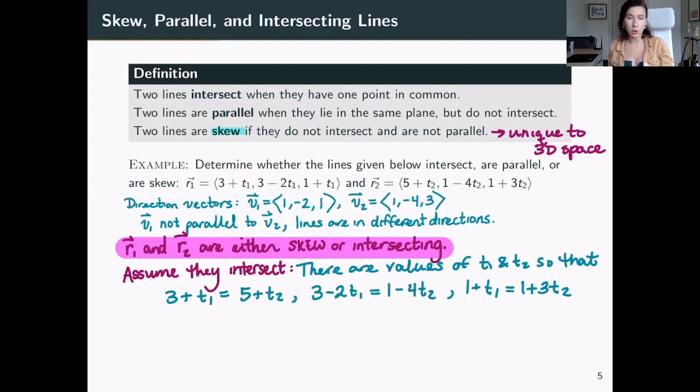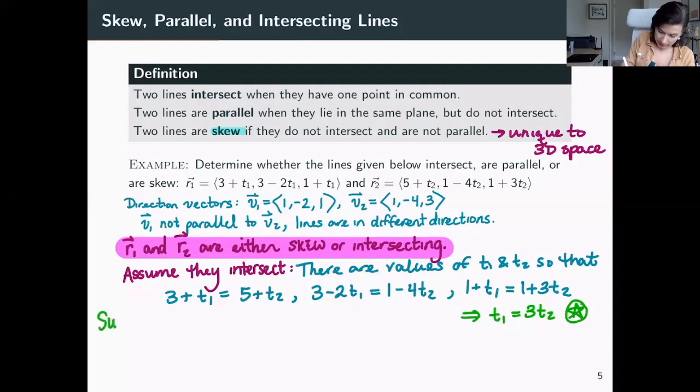The third equation actually gives us a nice relationship between T1 and T2 if these two lines intersected. And it will yield that my T1 is actually equal to 3T2 because I see that those ones would cancel out. This equation is one that I can now substitute into my other equations. We need to substitute the equation given by star into the other two.